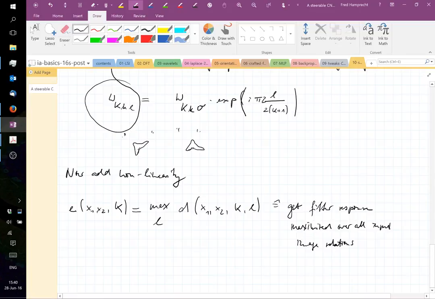But in this case, the input image would not be rotated around its center. No, the input image would be rotated around the pixel where we're currently computing the response. Yes? So if I take, for example, just the derivative, we know that it's steerable from just having the x and the y derivative.